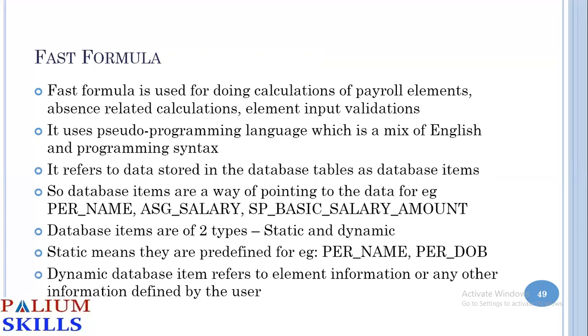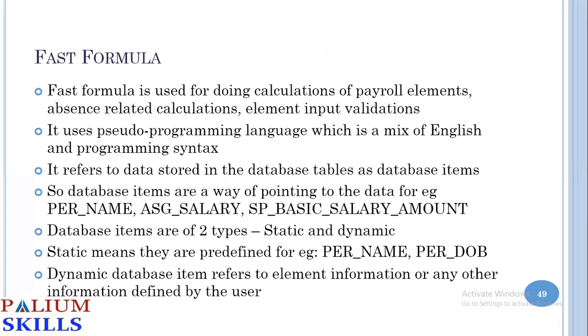Each data that we define for an employee, what is this? I didn't understand. What is this, database items? I'm explaining to you. Listen, every data that we store for an employee is stored in the database as database items. So suppose you have the employee's first name, last name, date of birth.